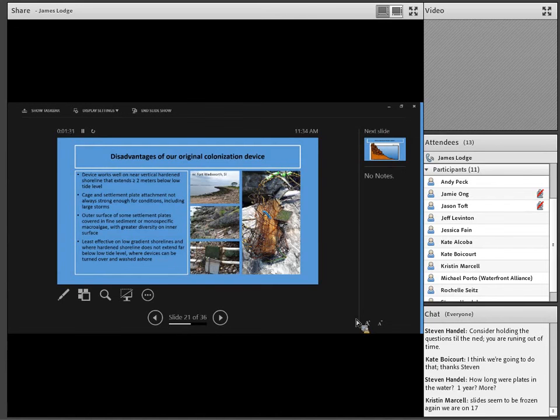So we weren't really testing what we thought we were testing, the hard shoreline habitat. The hard shoreline would be fine at high tide, but at low tide the device would be sitting near the bottom, and sediment movement and scour would restrict settlement on the settlement plates.